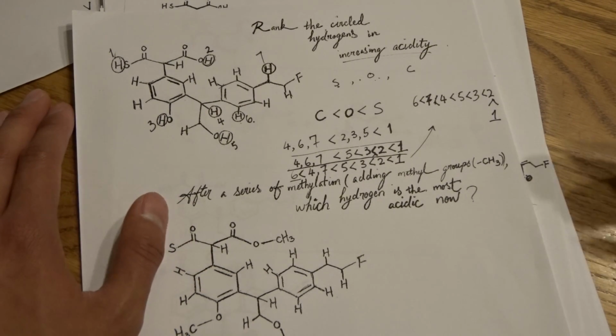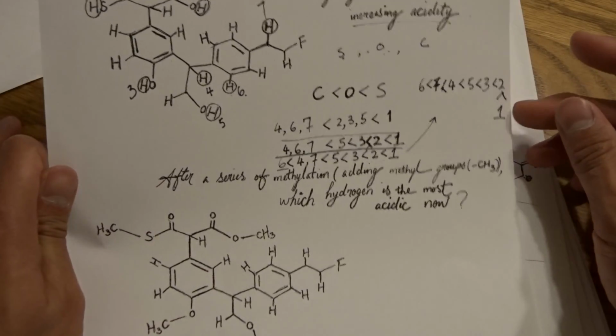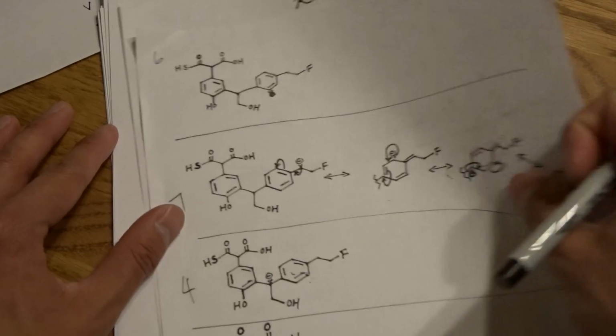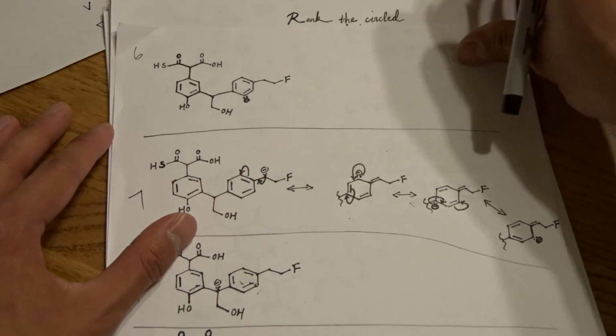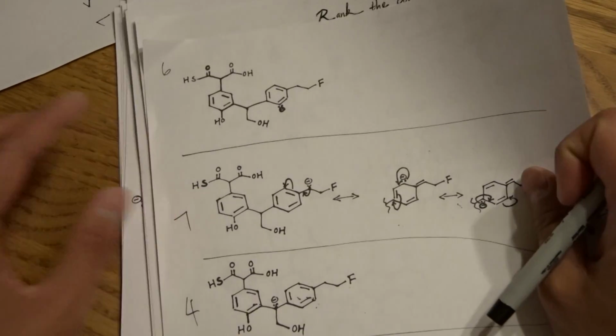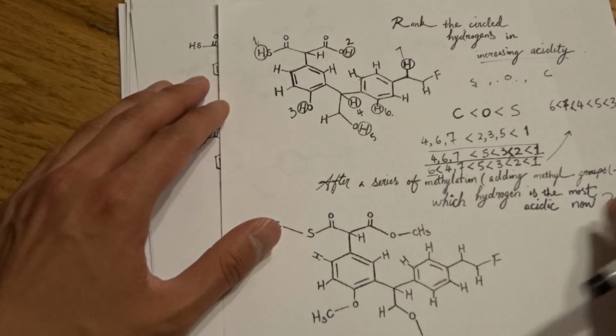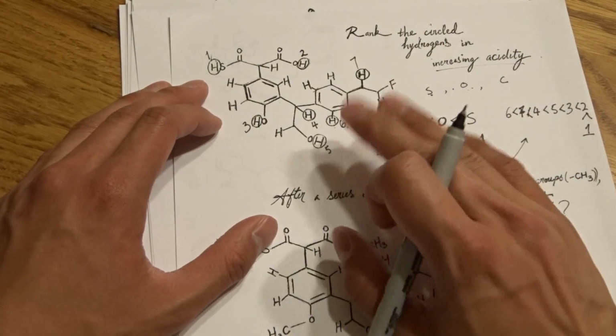Do you understand now how to apply ARIO to order different molecules, like a set of molecules, or to order different hydrogens within the same molecule?